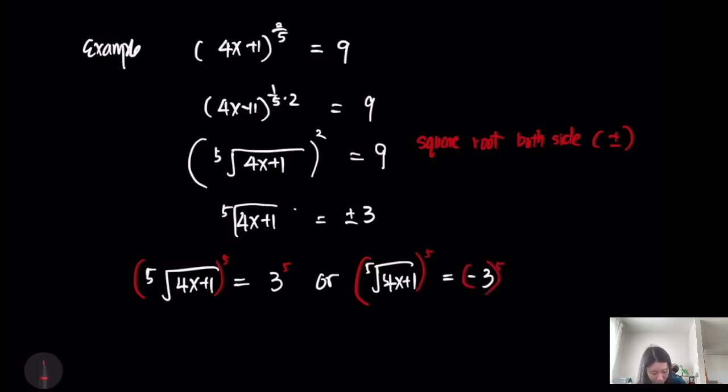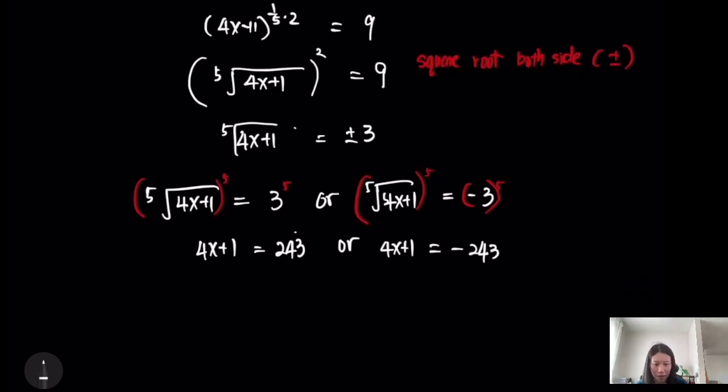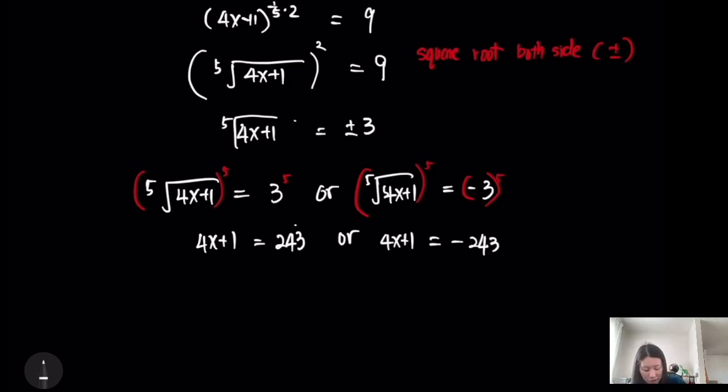For this one, put the parentheses so you will not forget the negative sign. So I end up with 4x + 1 = 3 to the 5th power, which is 243, or 4x + 1 = -243. Now I can solve for x. Either x equals 121 or x equals -61.